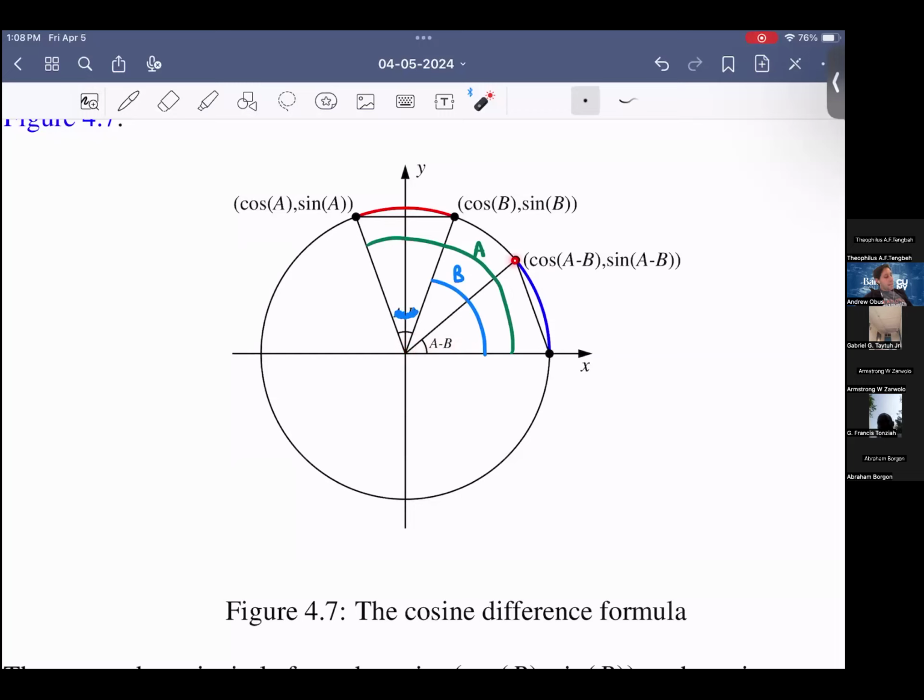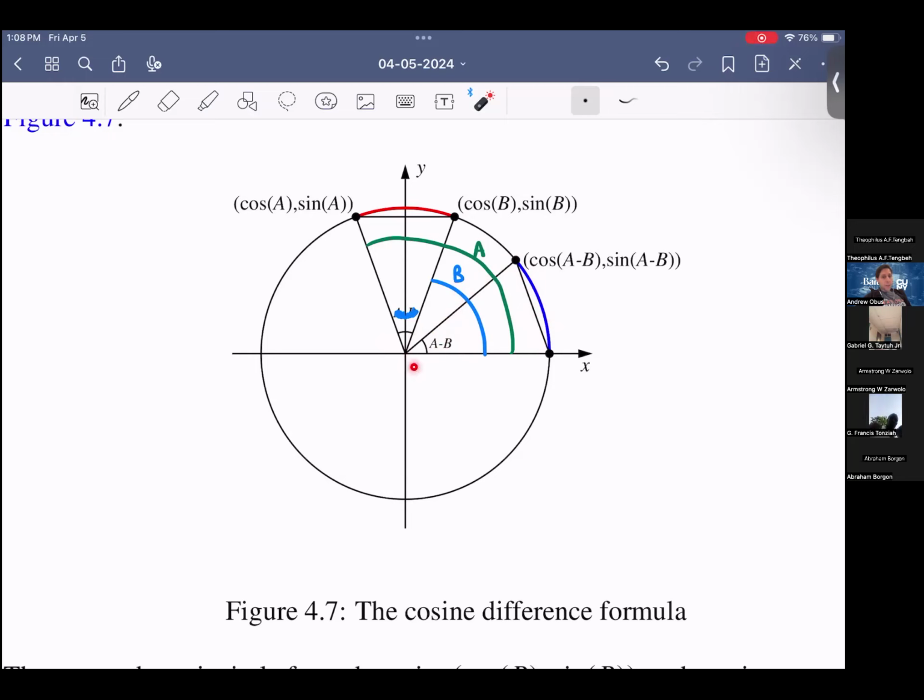So what happens? If I take this triangle and I rotate it counterclockwise, then this goes from the angle 0 all the way up to the angle B, and this point goes from the angle A minus B. Well, I have to add B to it, so that goes to the angle A. So this triangle over here is just the rotation of this triangle over here, right?